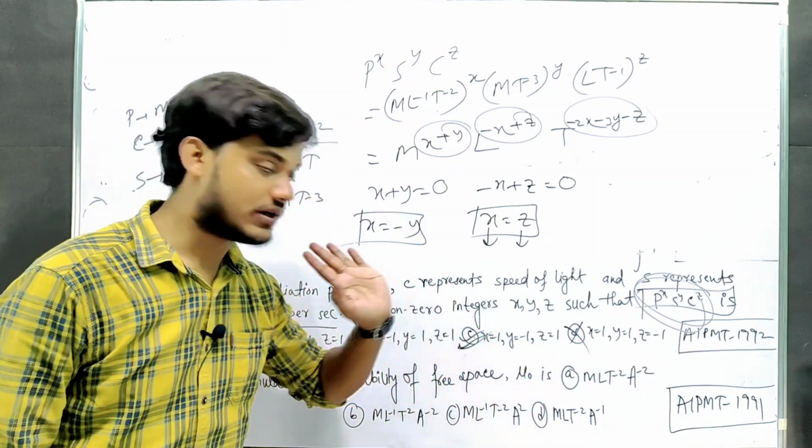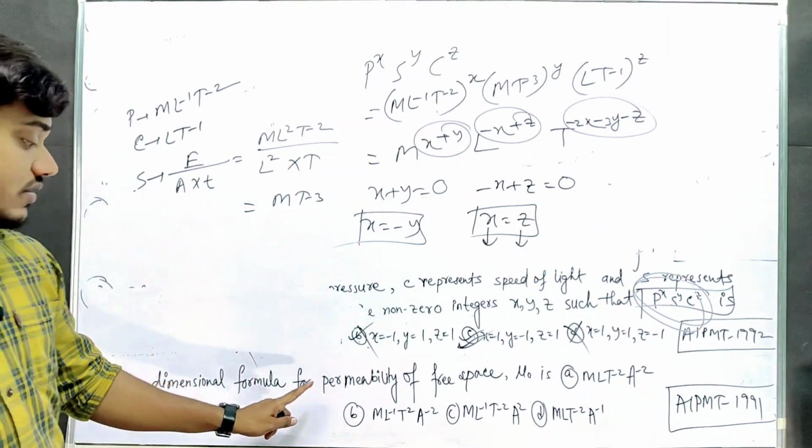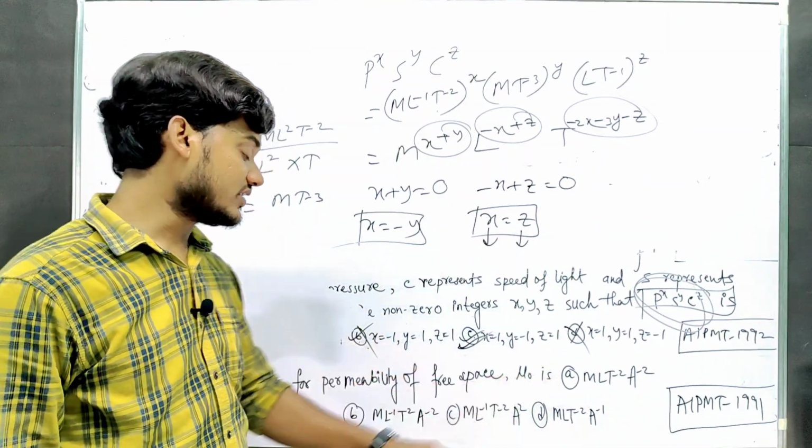The answer is x 1, z 1. Okay, next, the dimensional formula for permeability of free space mu naught is, options are given.